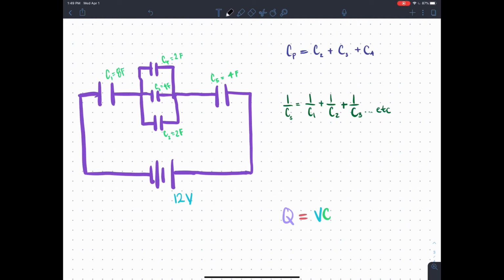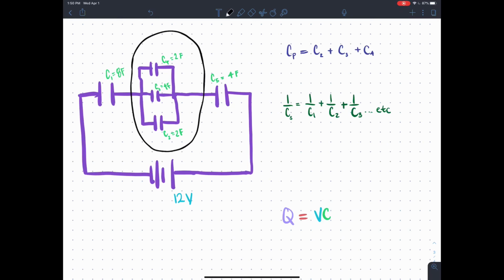Our strategy is basically going to be the same: we want to create a simple circuit where we can combine all of these parallel and series capacitors into just one single capacitor across the whole circuit. First, we're going to look at these capacitors in parallel, and we're just going to add them up to make them a single capacitor.